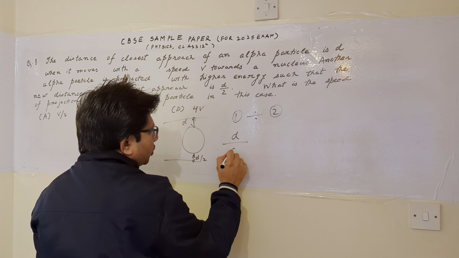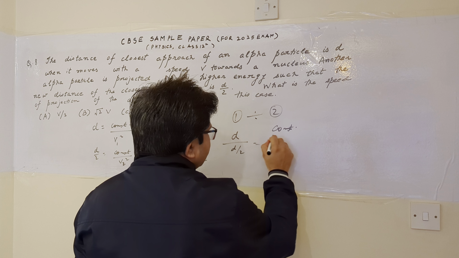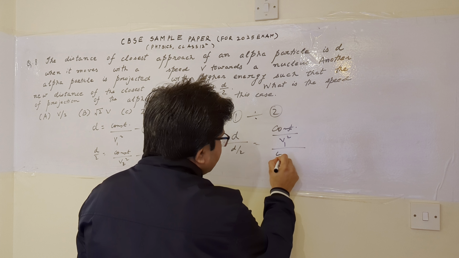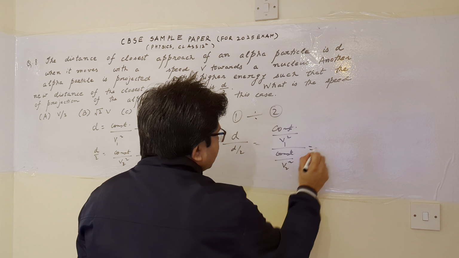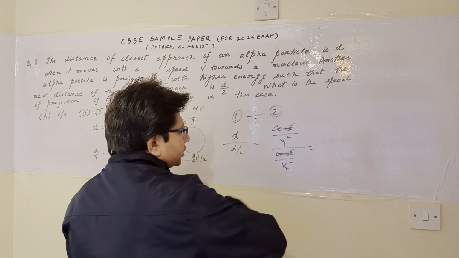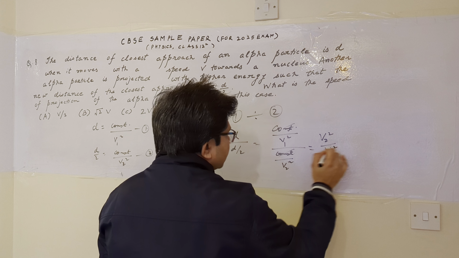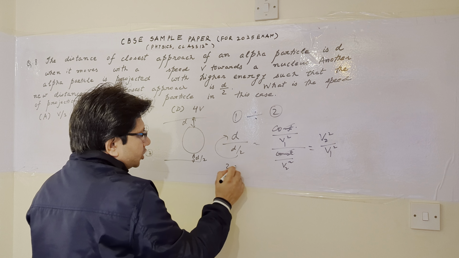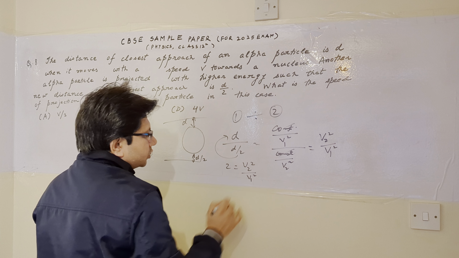So we get d upon d by 2 is equal to a constant upon v1 square divided by a constant upon v2 square. The constants cancel, and we get v2 square upon v1 square. Here the 2 goes up and d cancels with d. So we get 2 is equal to v2 square upon v1 square.